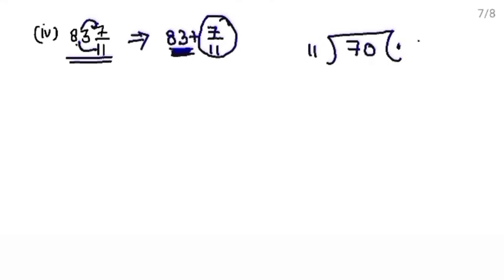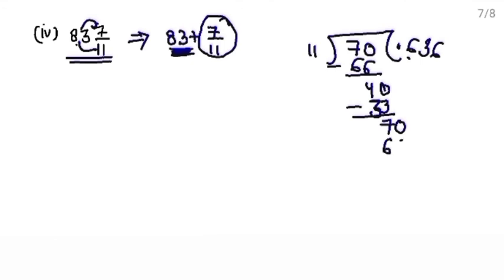and take 0. 11 6 are 66. Subtracted, 4. 0. 3 are 33. Subtract again, 7. 0. 6 are 66. Subtract, 4 again. 0. 3 are 33.